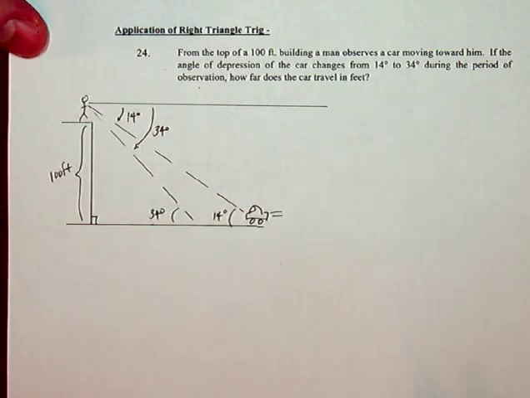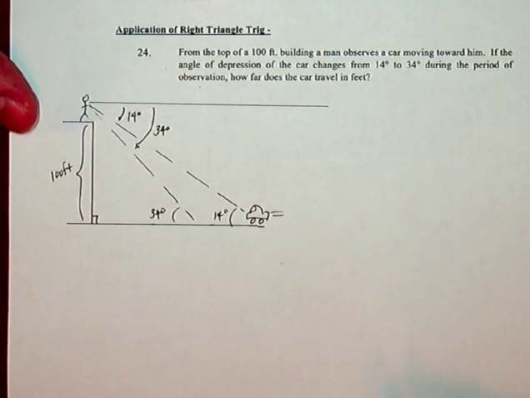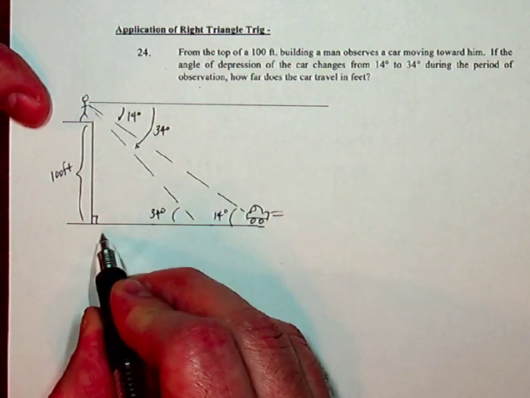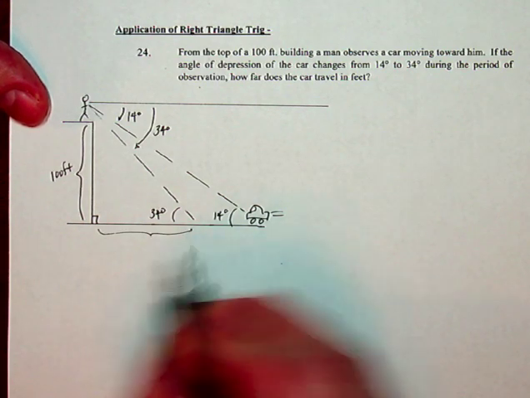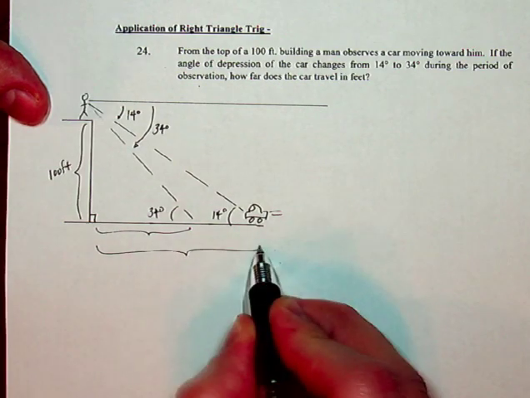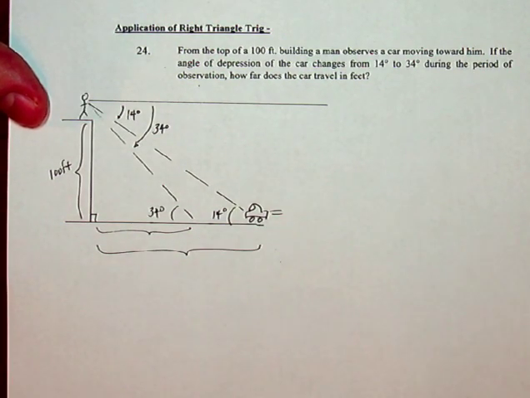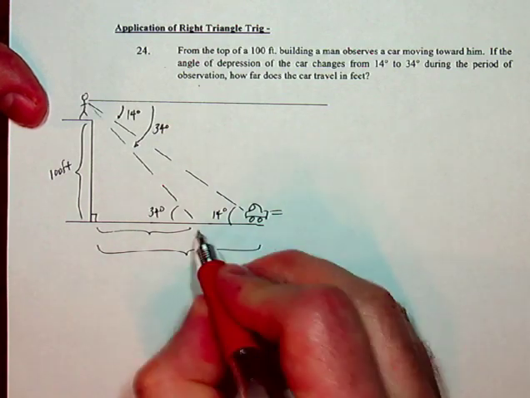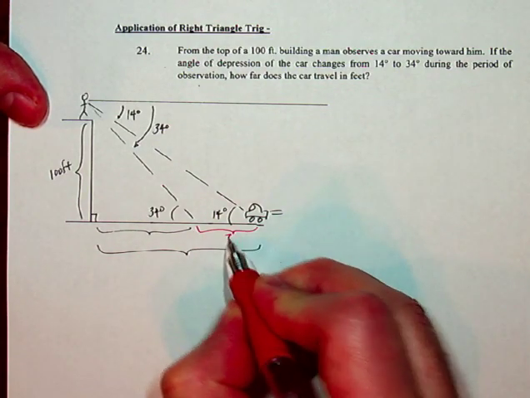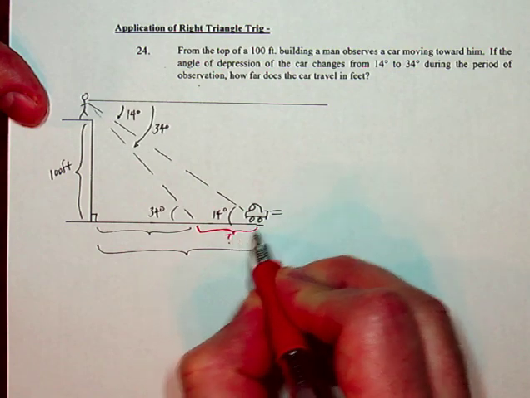And what we need to do is use trigonometry to find this distance and that distance, and then of course this distance right here, the one that I'm being asked for, is simply the difference between them.